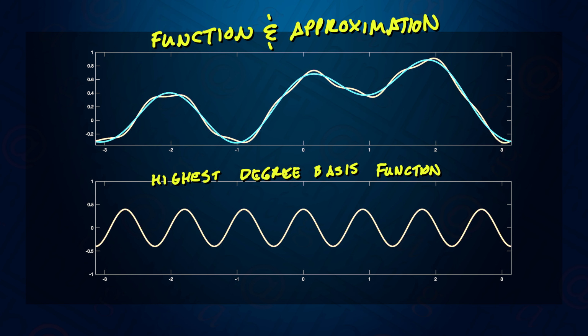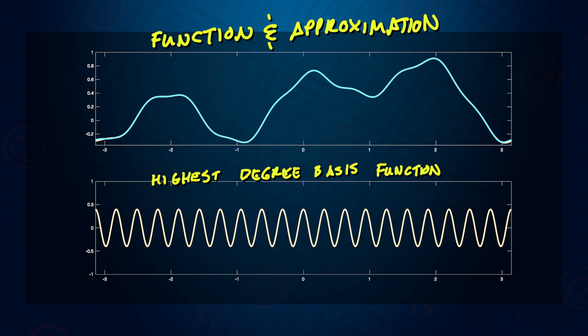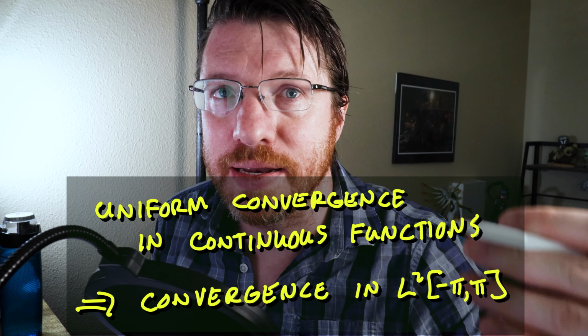But we're going to do this in a kind of roundabout way. We're going to show that these do even better than that, and that they're complete inside the space of continuous functions in the sense of uniform convergence. If we can show that for every continuous function, we can find a trigonometric polynomial that converges to it uniformly, that means it's also converging in L2.